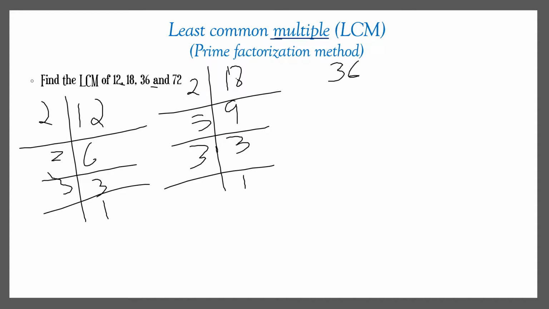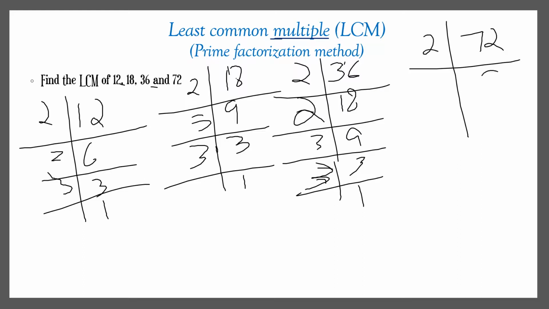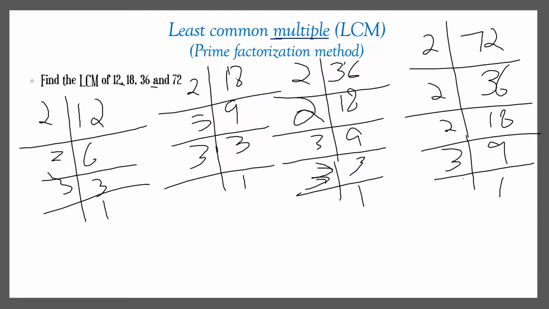Now we have to find the factors of 36. Now we have to find the factors of 72. So we have got all the prime factors now.